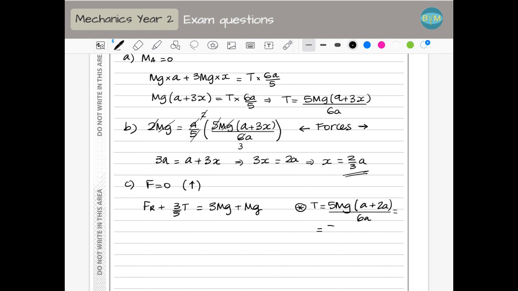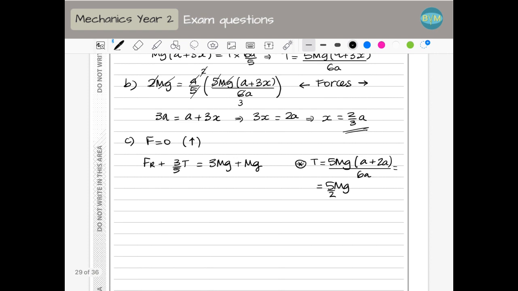And I have 5mg. 3a divided by 6a is 1/2, sorry, 5/2. That's my tension.